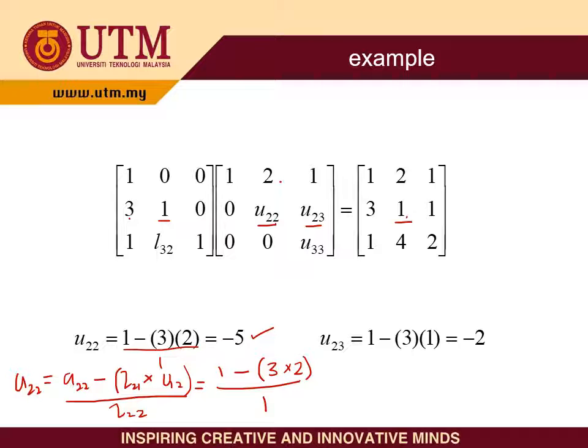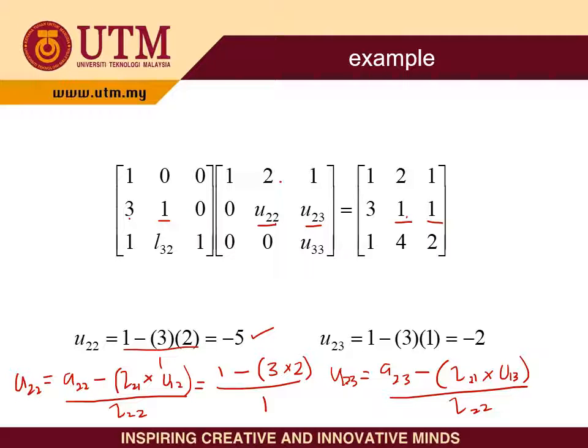For U23, it is equal to A23 minus L21 multiplied by U13, divided by L22.